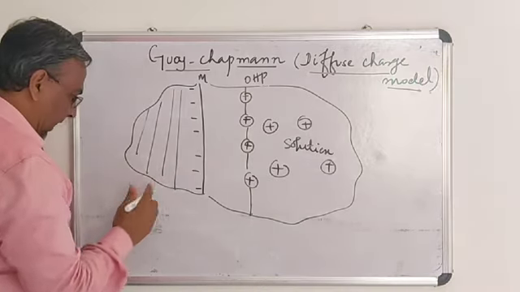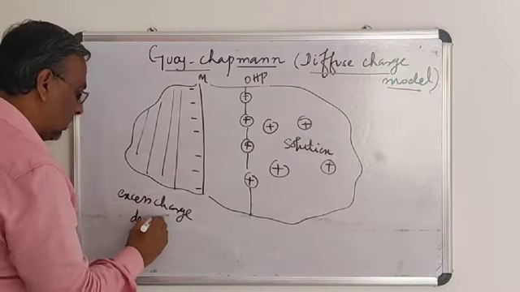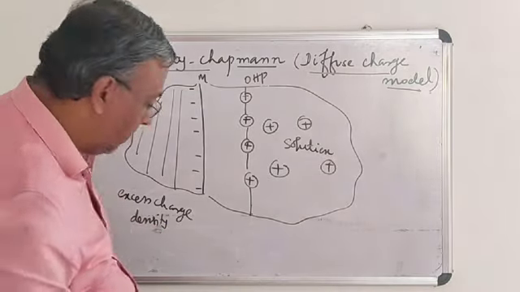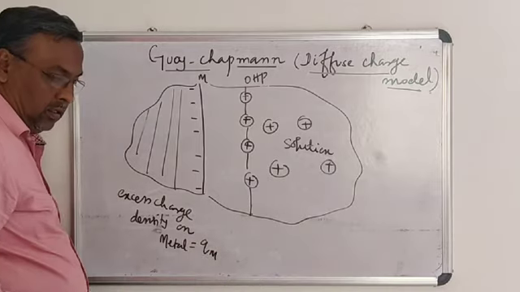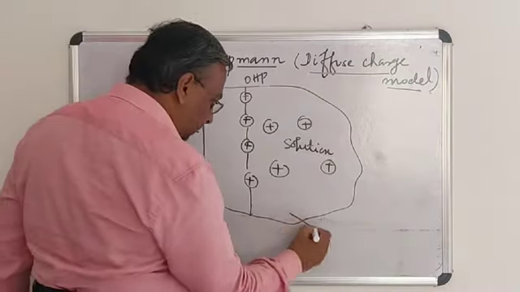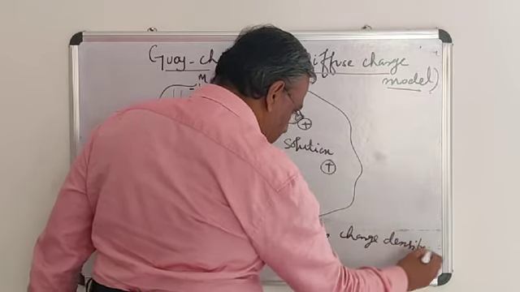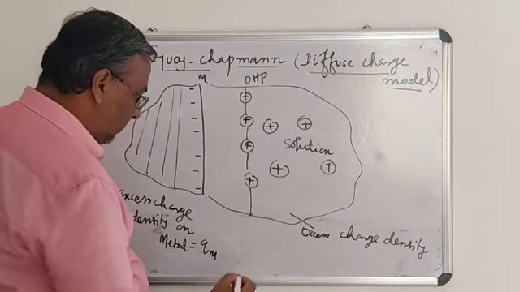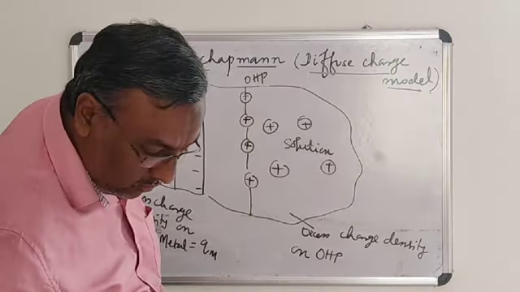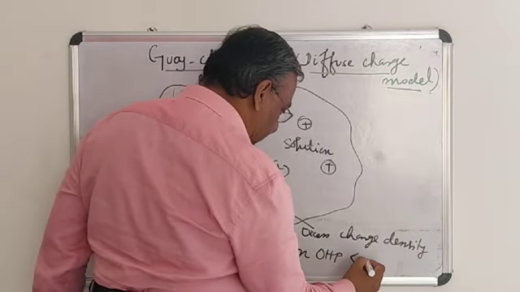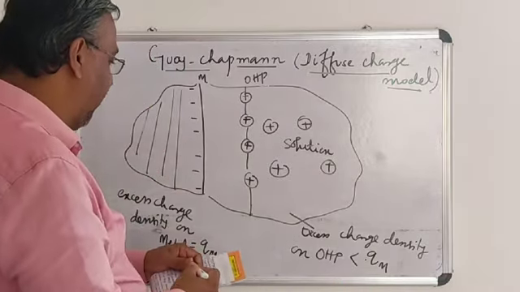The excess charge density on the metal is Qm, and the excess charge density on the OHP, that is the outer Helmholtz plane, will be less than Qm, that is the charge density over the metal plate.